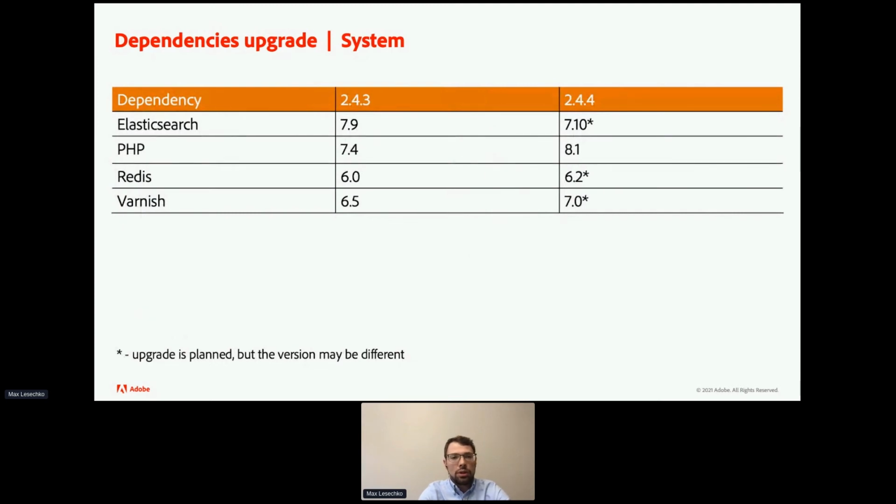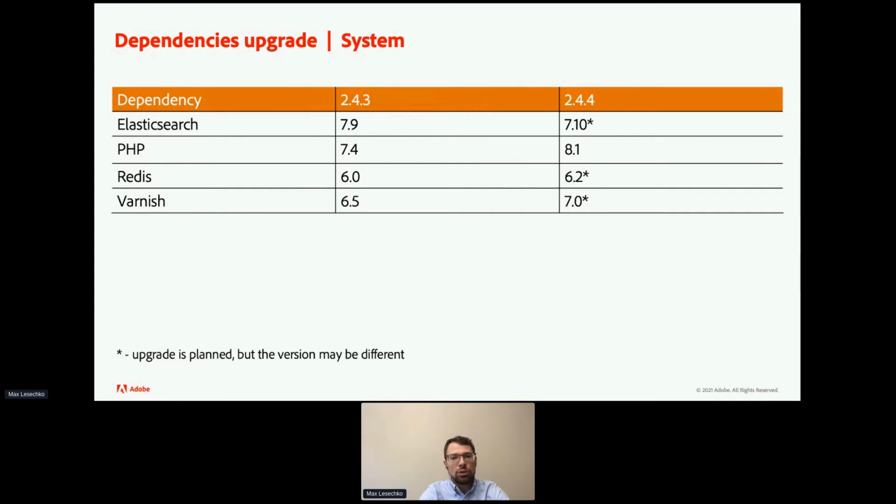So here is the Elasticsearch upgrade to version 2.7.10. The upgrade is planned, the version is not fixed, and this is the official version from the DevDocs. But I can say that maybe the version will be higher. PHP upgrade to 8.1.